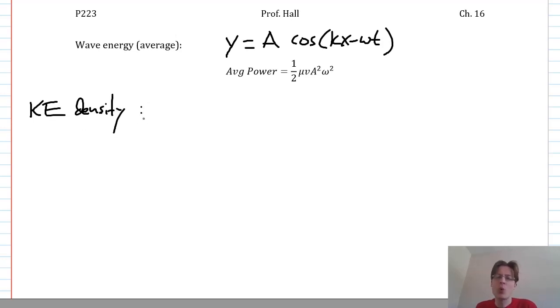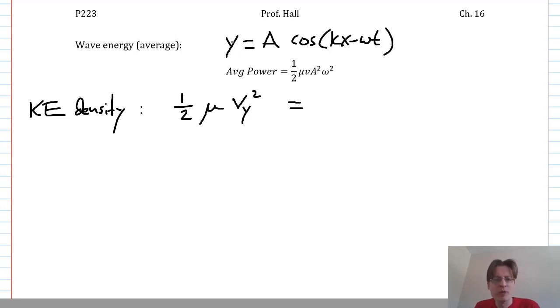Kinetic energy we know is 1/2 mv squared. But in this case, not m, that would be like the whole mass of the string. It would be the mass per meter. In other words, mu, not m. So the kinetic energy density will be simply 1/2 mu times v squared, meaning vy squared. The string moves in the y direction, not in the x direction. So I have to plug in vy and square it.